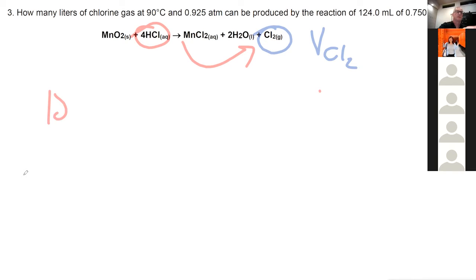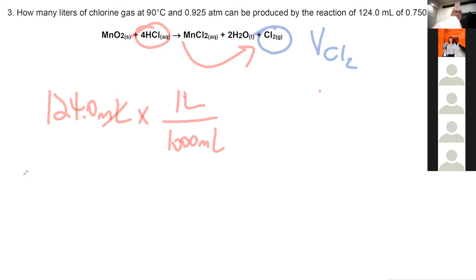124.0 milliliters. We need to convert that to liters. So how do we convert it to liters? 1 liter equals 1,000 milliliters. Okay.